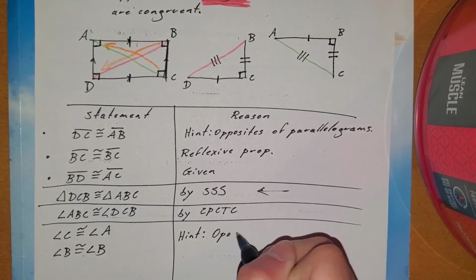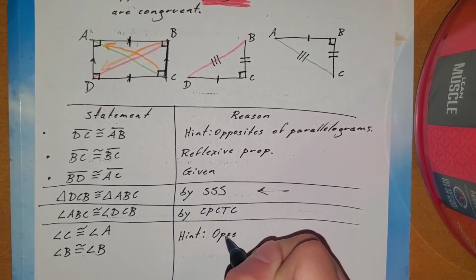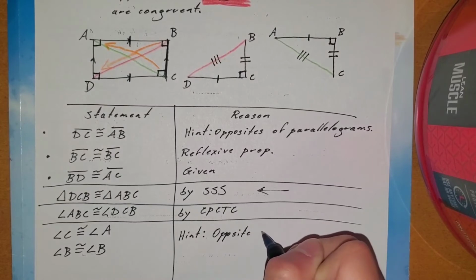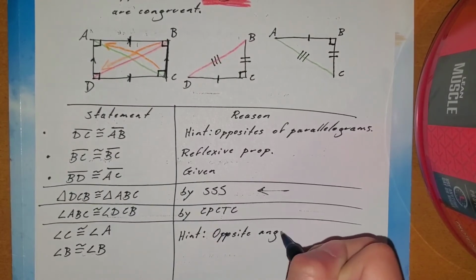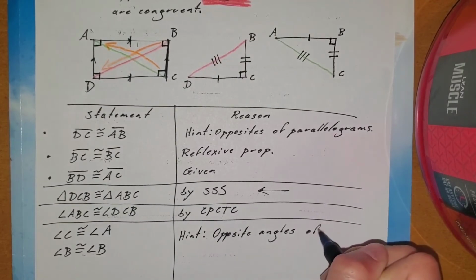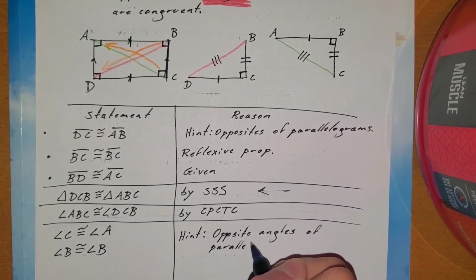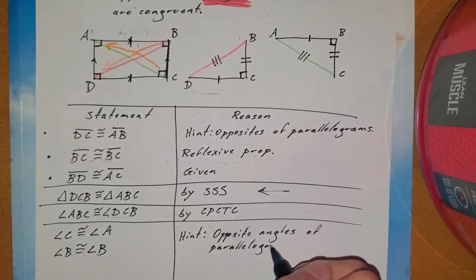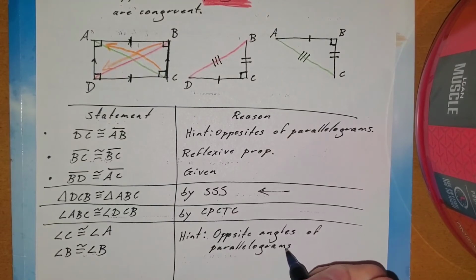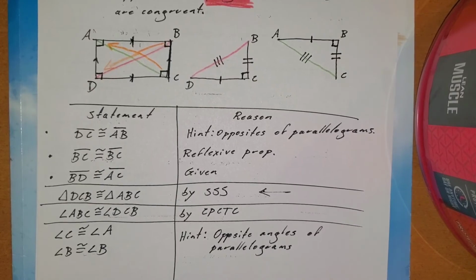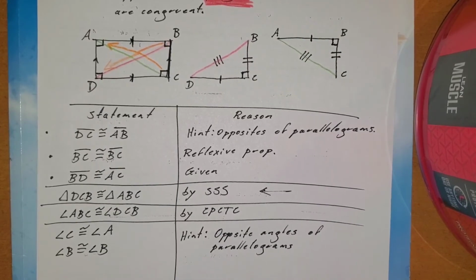Opposite angles of parallelograms are congruent.